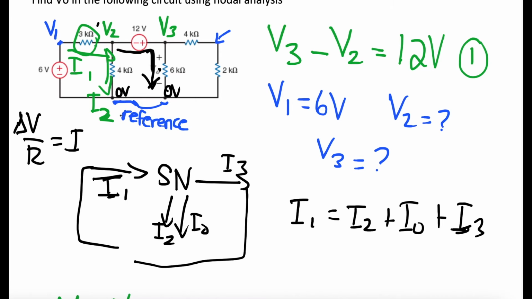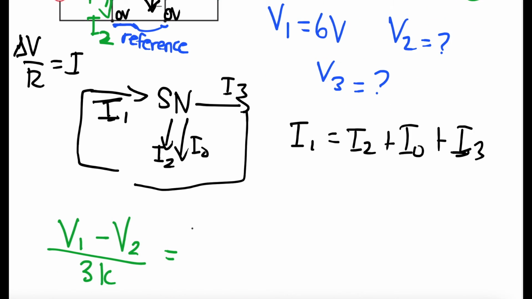So V2 minus 0 over R is equal to the current, right? Because we can take away the 0 volts, as it's not really useful to this problem, we can do V2 over 4K is what is equal to I2, right? So we can go ahead and write down V2 over 4K, which is what is equal to I2 over here.